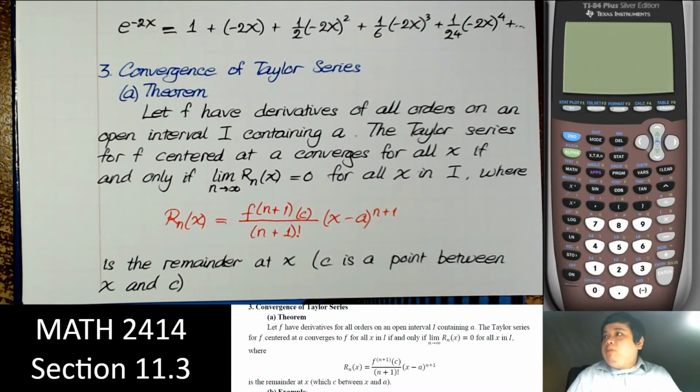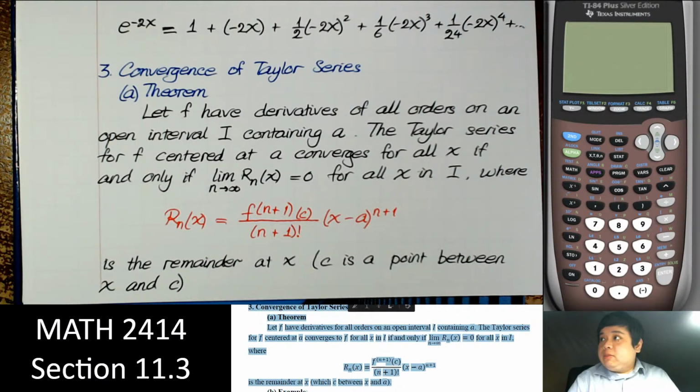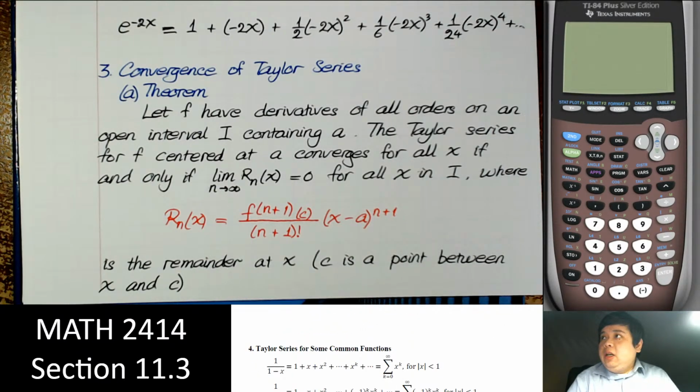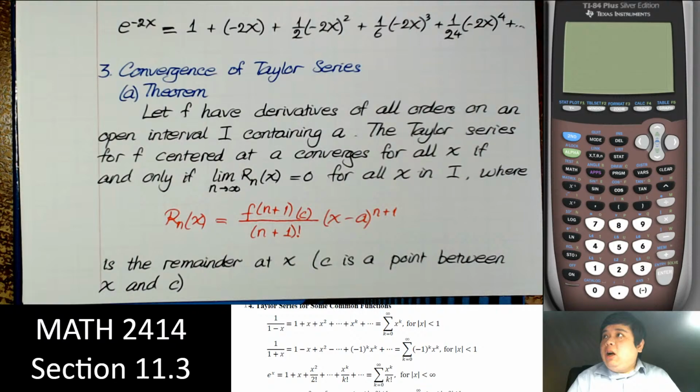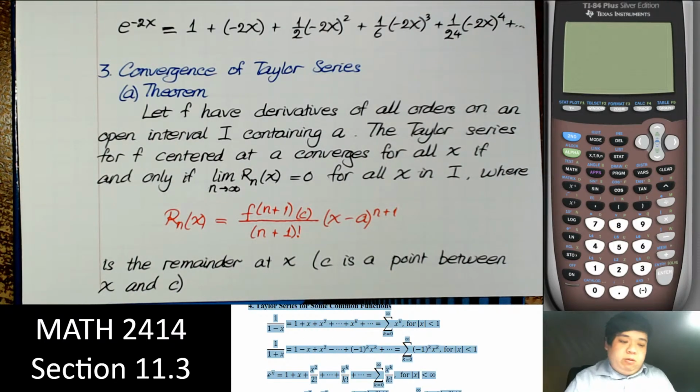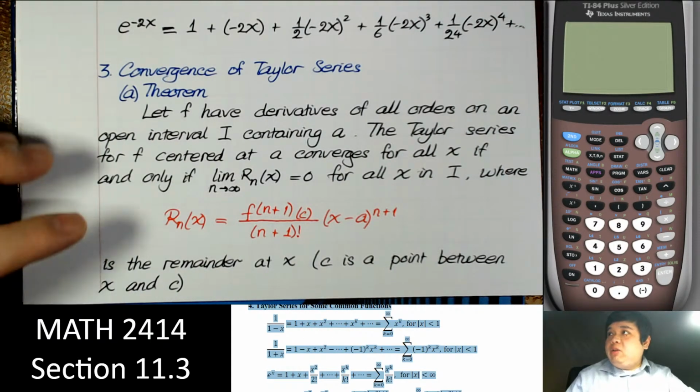Now we're going to skip this example. I'm just going to number 4. Some common function, Taylor series for some common function.